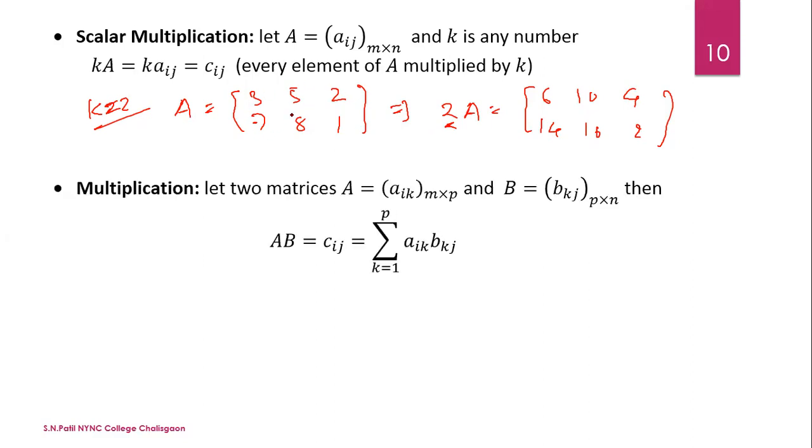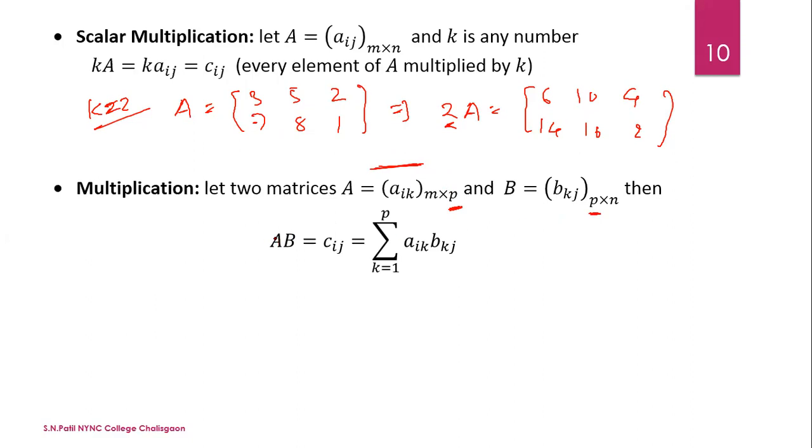Now next is multiplication of two matrices. For multiplication of two matrices, there is a condition. The matrix multiplication exists if and only if the number of columns of the first matrix is the same as the number of rows of the second matrix.